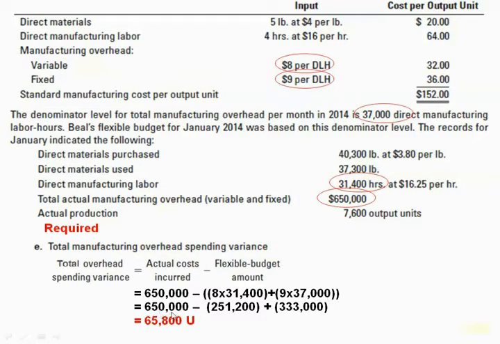So 650,000 minus 251,200 plus 333,000, the result will be $65,800 unfavorable variance.